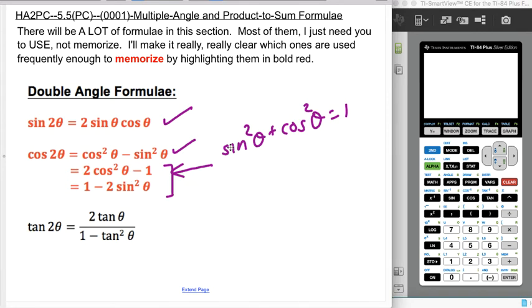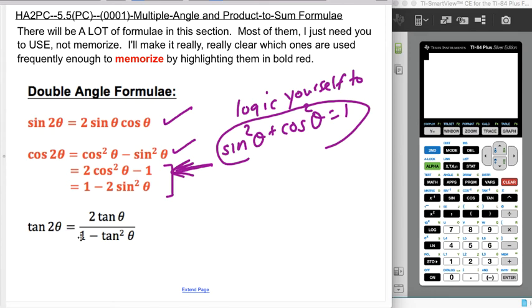So you could logic your way to the other two here, the 2 cosine squared minus 1 and the 1 minus 2 sine squared, by using this information, right? But again, it's helpful to know both of those. I don't have the tangent one memorized. You are certainly welcome to, but I don't. So in the next few examples and practice problems, we're going to walk through using these red formulae.